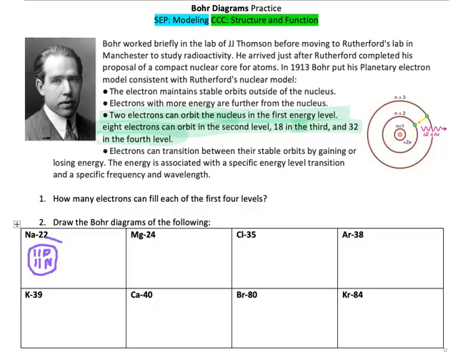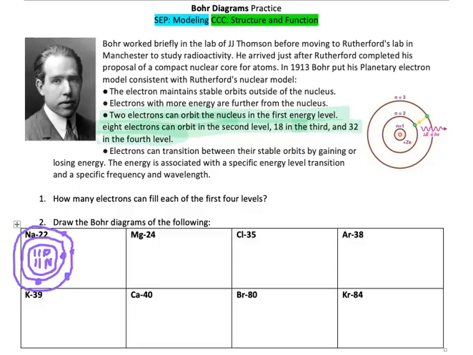So in my first shell, which I'm drawing now, I'm going to put 2 electrons. And it doesn't matter where I put them. And then in my second shell, I'm going to put 8 electrons, because the second shell can hold 8.